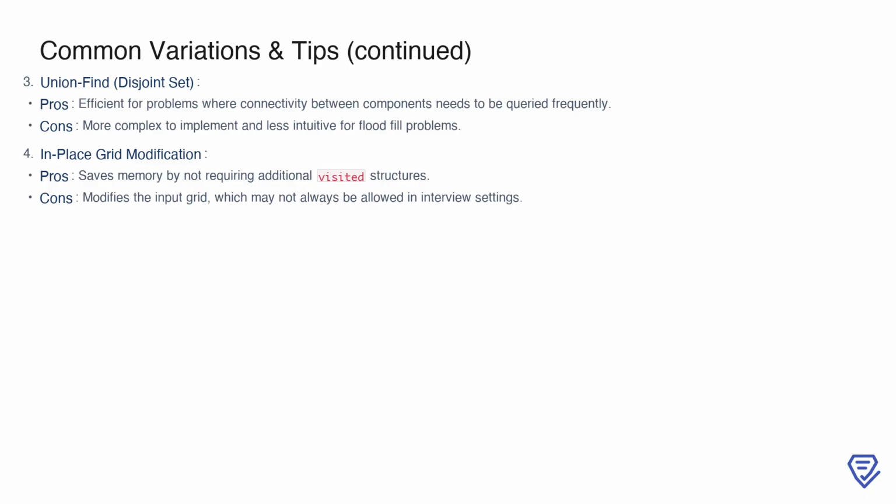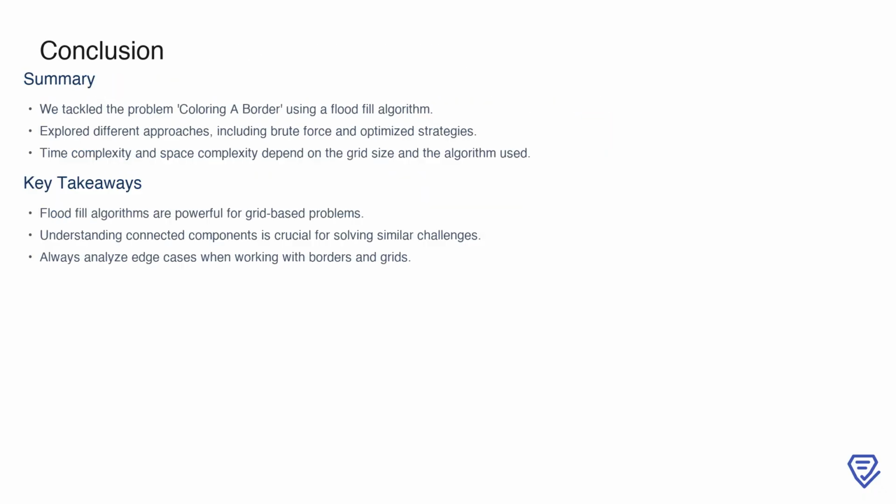Finally, in-place grid modification can save memory by eliminating the need for additional data structures like a visited set. This can be especially useful when memory is a constraint. However, modifying the input grid directly might not always be acceptable in an interview setting, as it alters the original data. It's important to weigh these trade-offs and choose the approach that best fits the problem constraints and requirements.